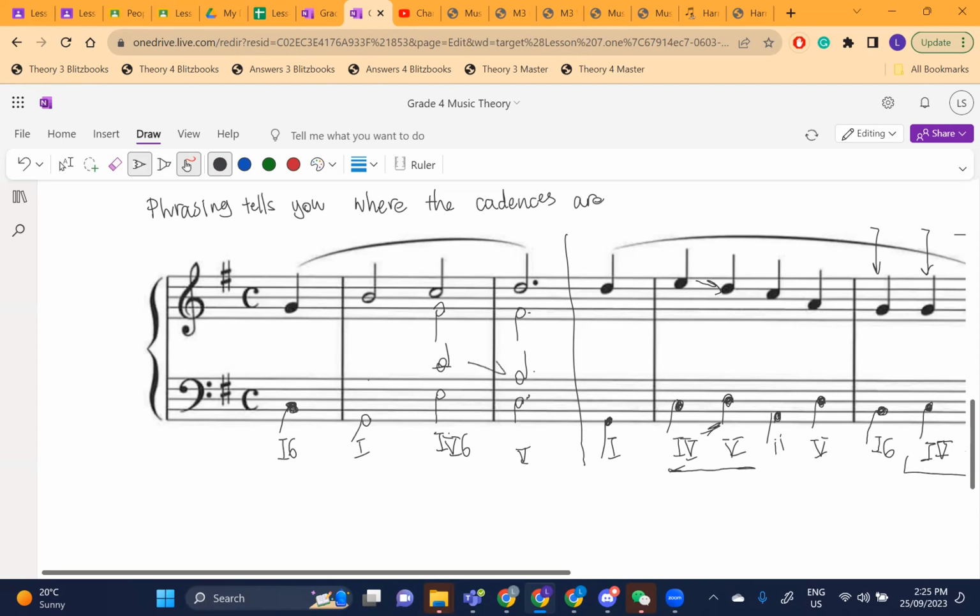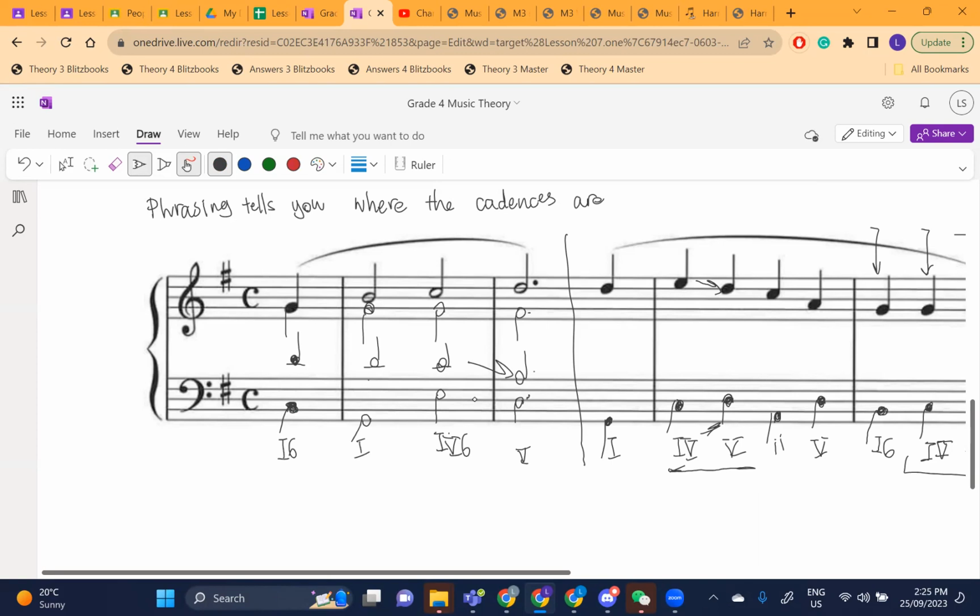It's okay to have a third of a leap, but anything bigger might get you into some trouble. D, G, G, D. That's fine.